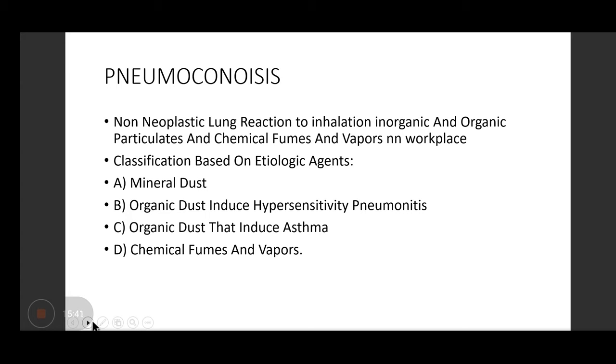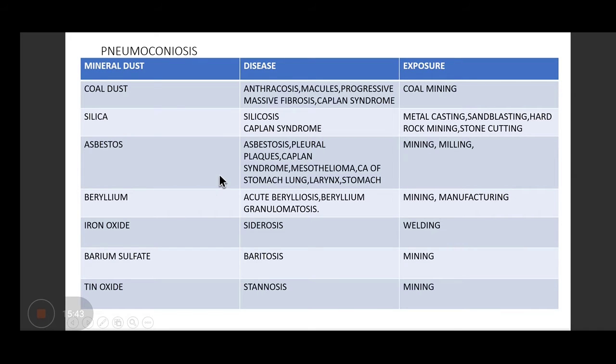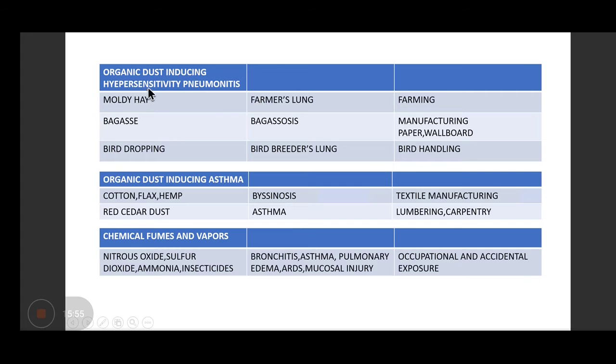The classification is based on the biologic agent. It can be due to mineral dust or organic dust. Organic dust can cause hypersensitivity pneumonitis or induce asthma, and there are also chemical fumes and vapors.